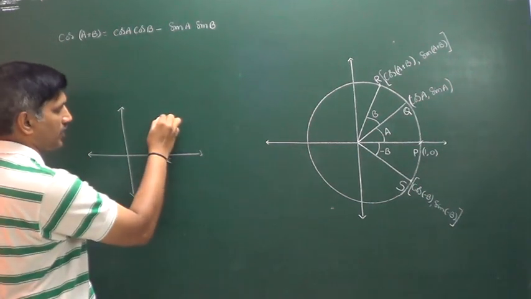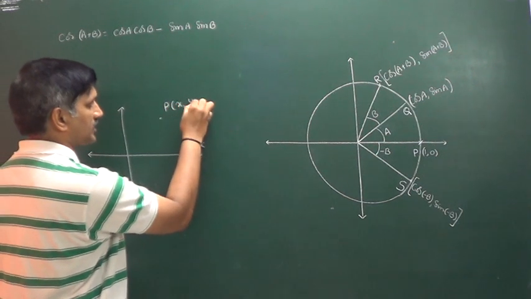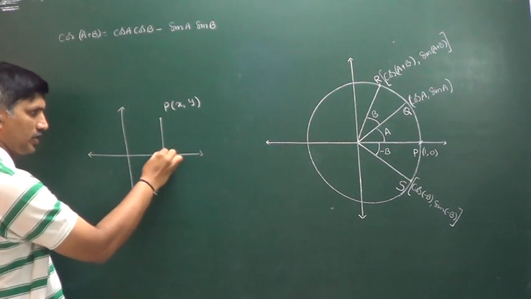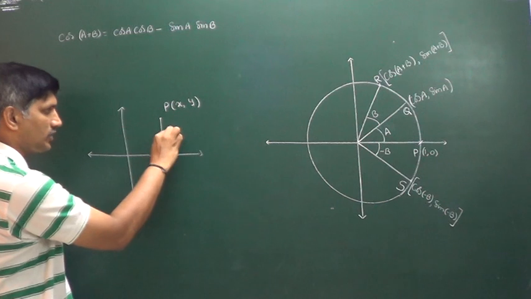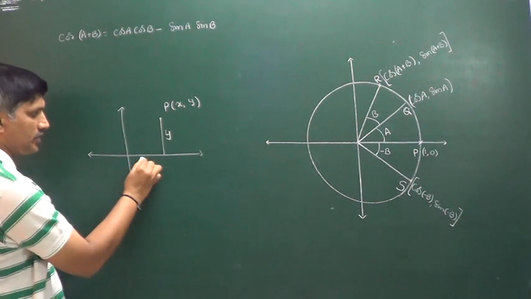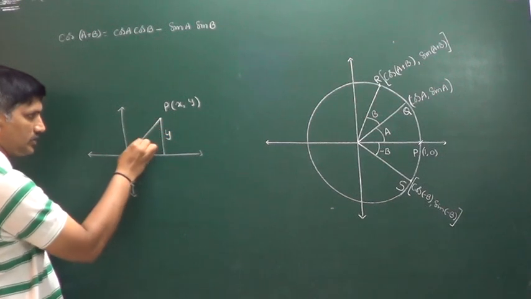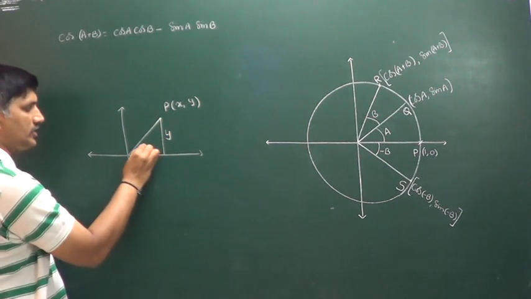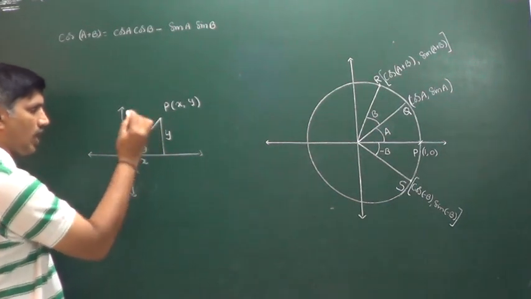Here I am taking one particular point as P, with coordinates (x, y). From this point a line is drawn perpendicularly onto the x-axis. Everyone knows this height is y and this distance is x. Now say this angle is theta and this distance is r.